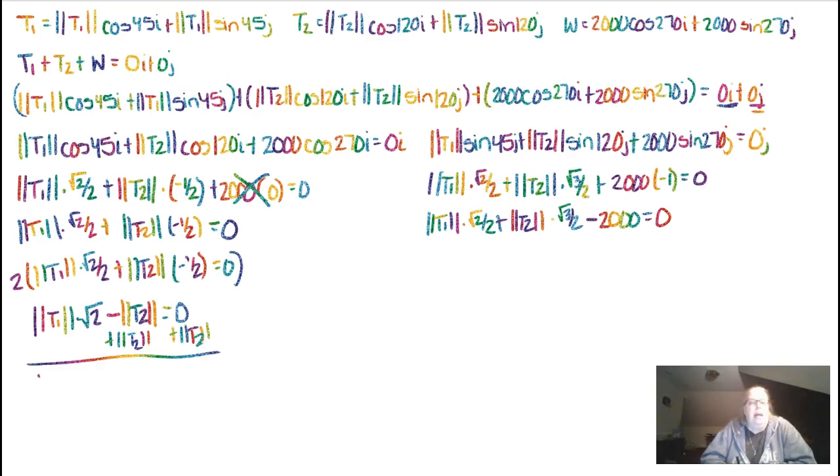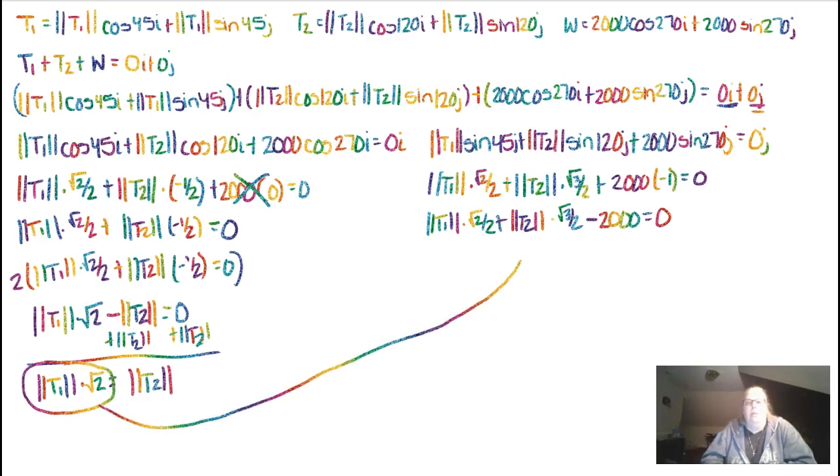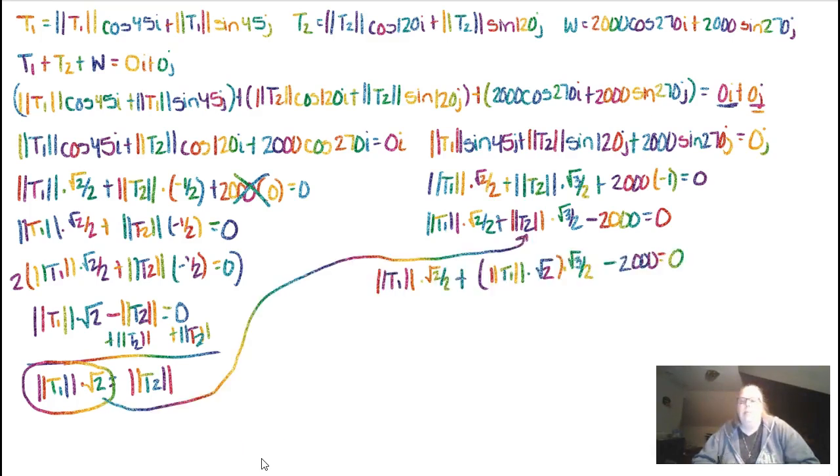And that means that the magnitude of T1 times the square root of 2 is equal to the magnitude of T2. And now that I know this, I can take this expression right here and substitute it right there for my T2, and then all I'll have in my equation is going to be T1s. So let's see what that's going to look like. All right, and that brings me right here to this equation.